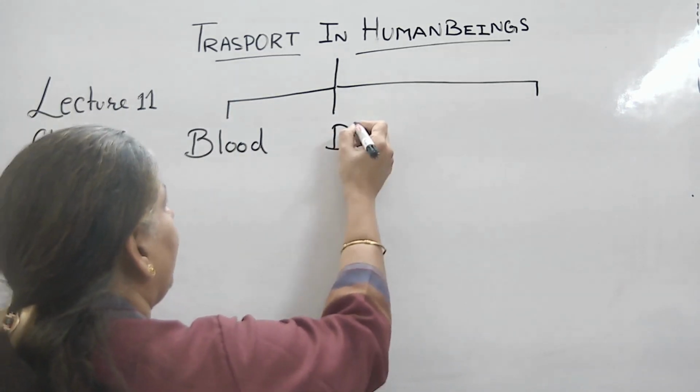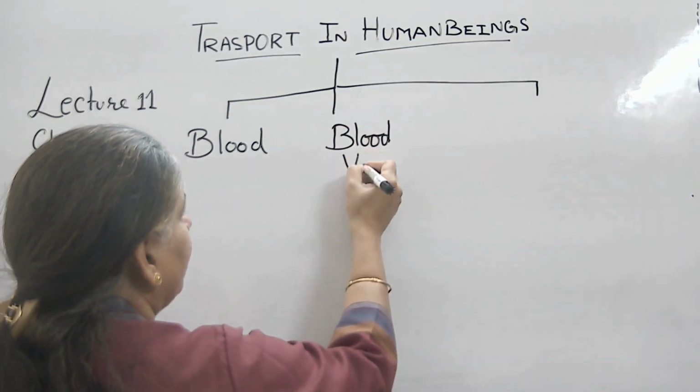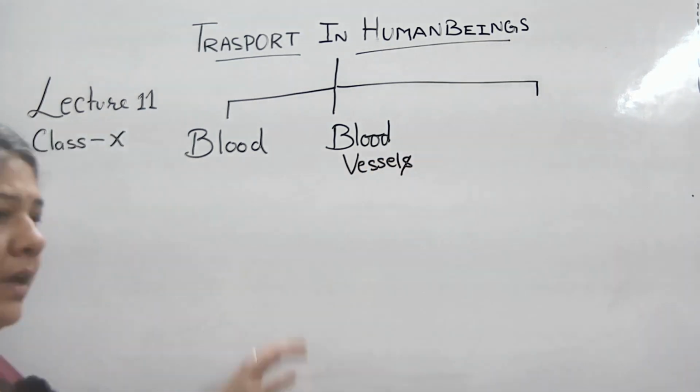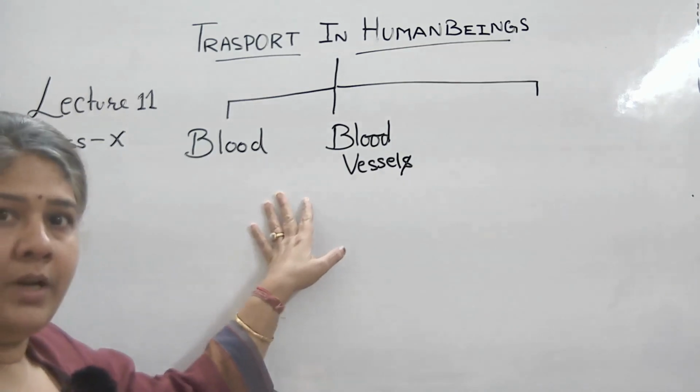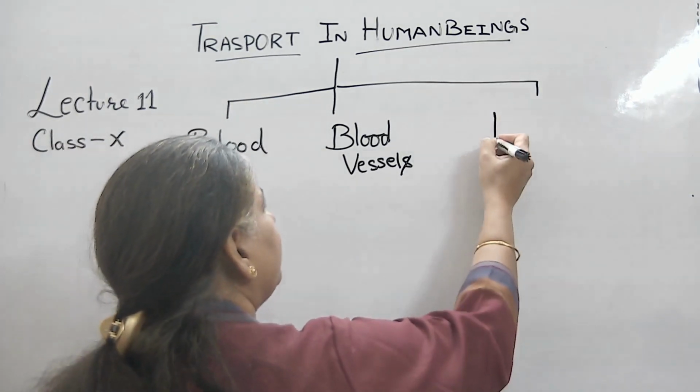So next important component is blood vessels. And to make the blood flow in our body, we need a pumping organ, which is heart.